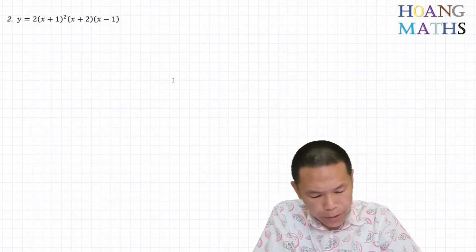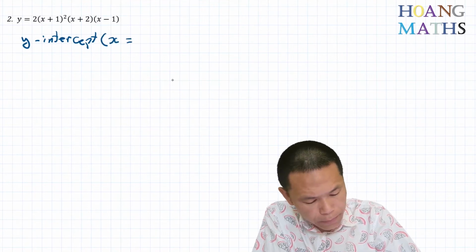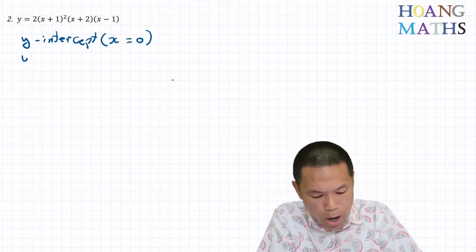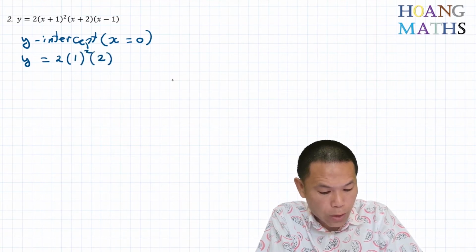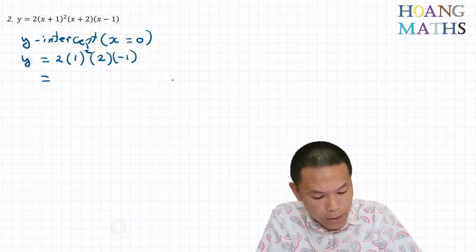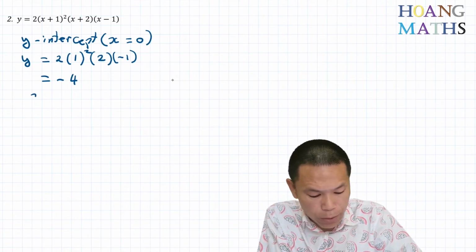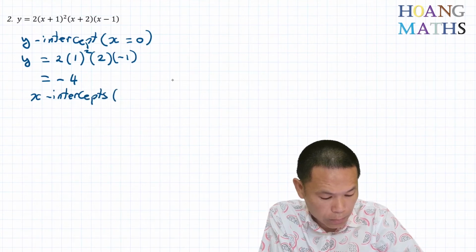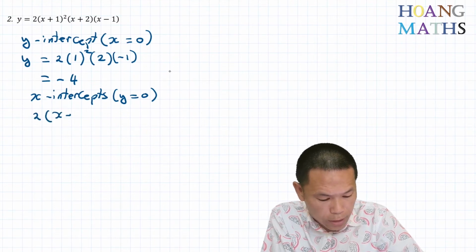Now second one. So let me write y-intercept first. That means when x is equal to 0. So when x is equal to 0, y is equal to 2 lots of 1 squared, and then 2 and negative 1. So that becomes negative 4. And the x-intercept means when y equals 0. So that will give me 2, x plus 1 squared.